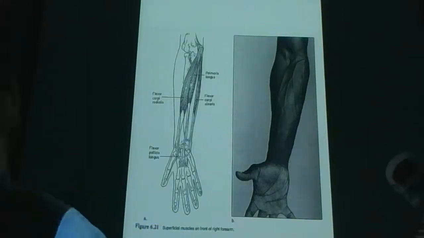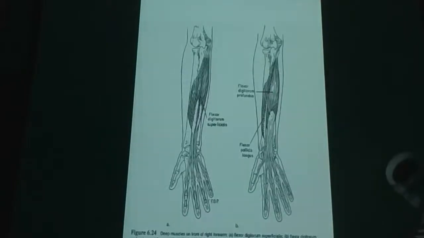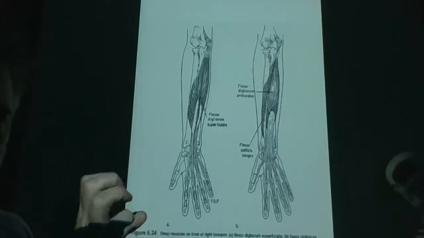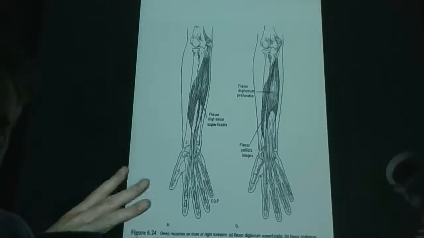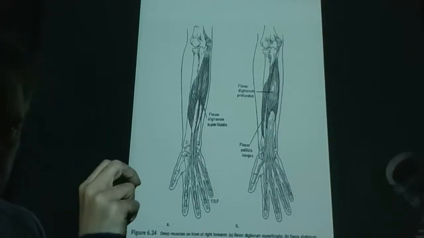And then you have some finger flexors. Take a look at your finger flexors. You actually have a lot of different little muscles that interact with your fingers because of the dexterity. You need some intrinsic muscles for fine motor, fine movement.